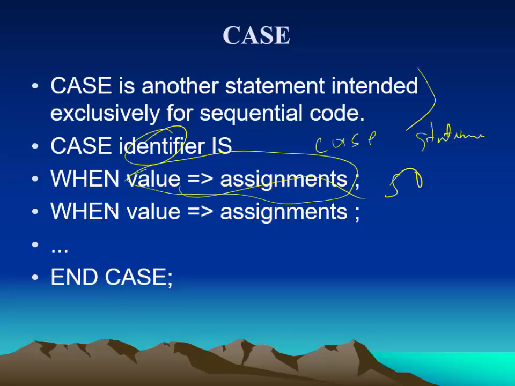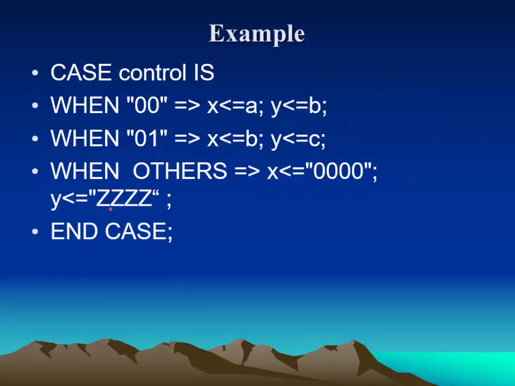Then I don't necessarily have to have this when here. Value is assignments. I can have other code there. I can put an if statement there. So if input is equal to 1, my next state is this. My outputs are this. So I can do an entire case, but this is a case control. When control is equal to 0, 0, A goes to X, B goes to Y.